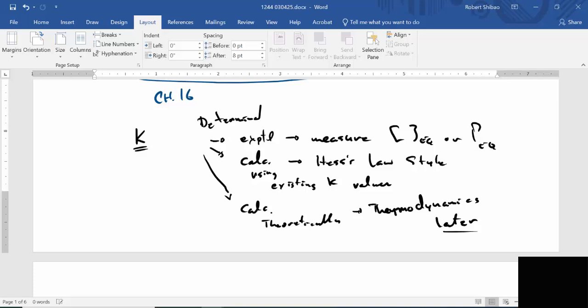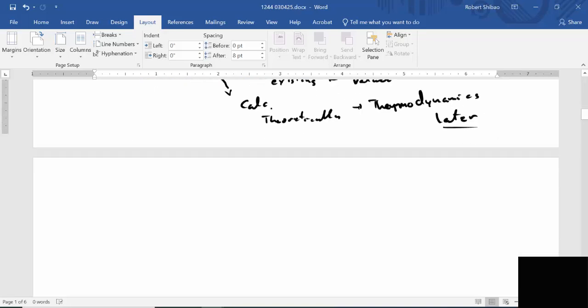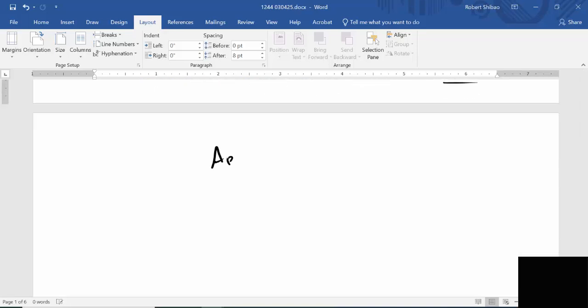What do we use Ks for? So, K application. The main application for K is just to do stoichiometry calculations. What we want to do is determine the equilibrium concentrations or equilibrium pressures.